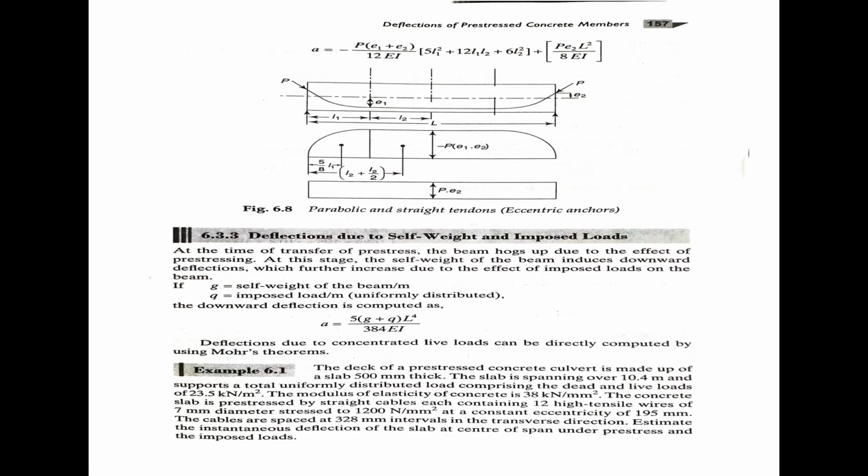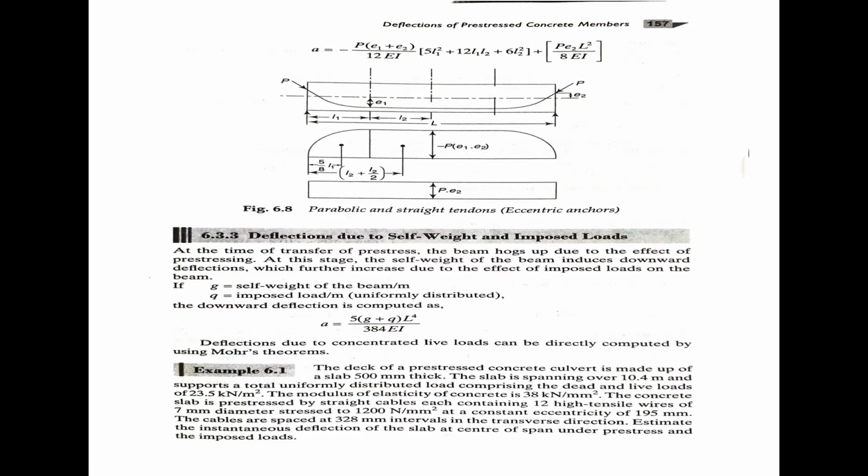Now see the problem, example 6.1. Write the given data first. Applying the prestressing force, some deflection will occur, and under the acting live load, some deflection will occur. Finally, we get the resultant deflection for this condition.